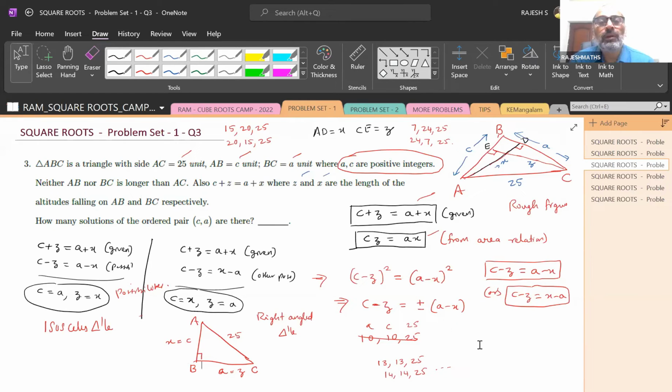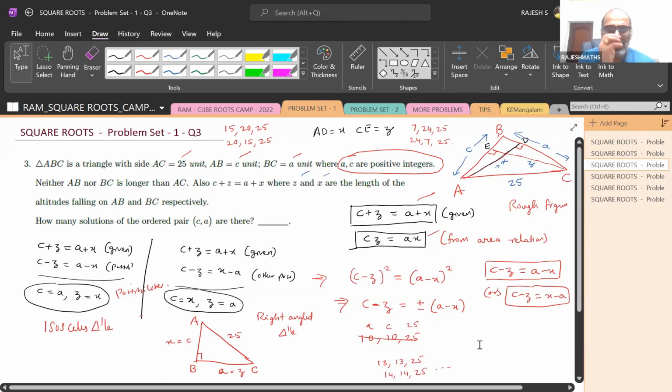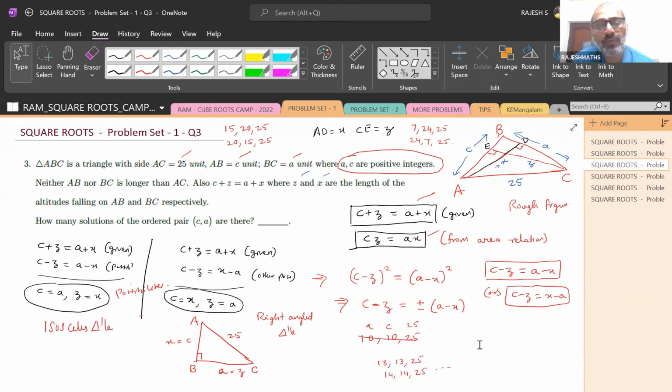Yes. You see, in the right triangle now, you see that C plus Z. What is C plus Z? What is 24 plus height on 24? 24 plus 7. What is 7 plus height on 7? 7 plus 24. You see, in a right triangle it happens, right? The side plus the altitude falling.